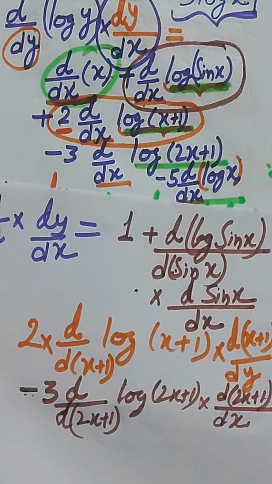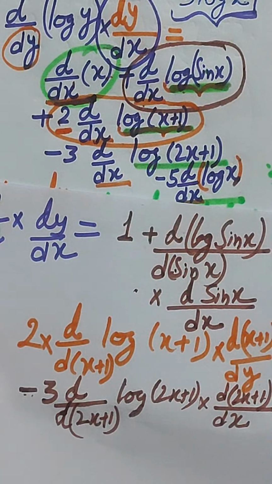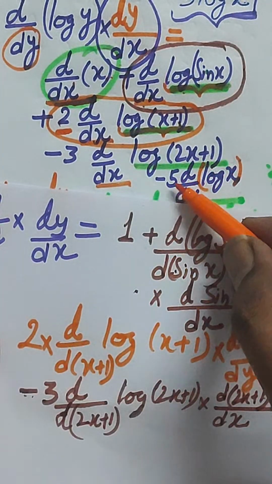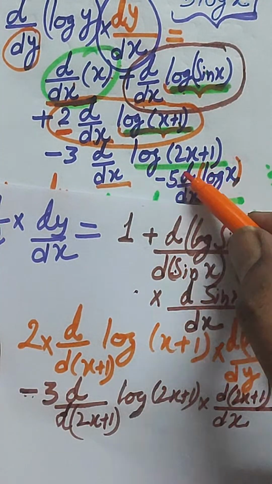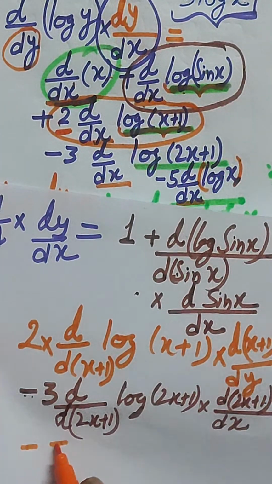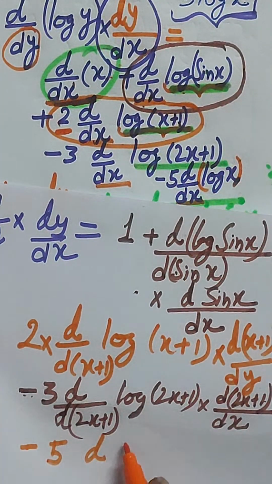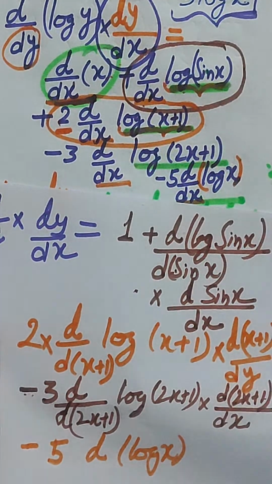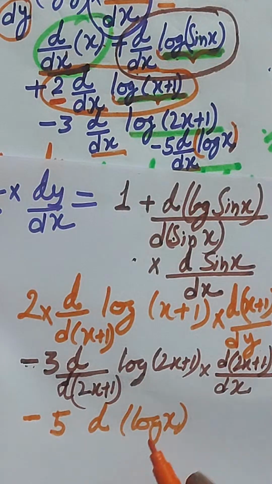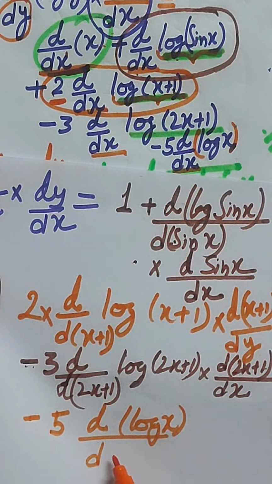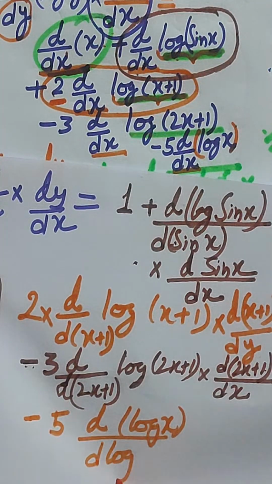Now you can put up your question into the chat. Now, going to the last term, minus 5 times d by dx of log x. So this will be minus 5 times log x needs to be differentiated, but this can be differentiated with respect to log x only.